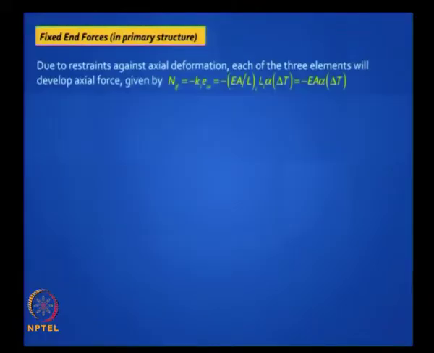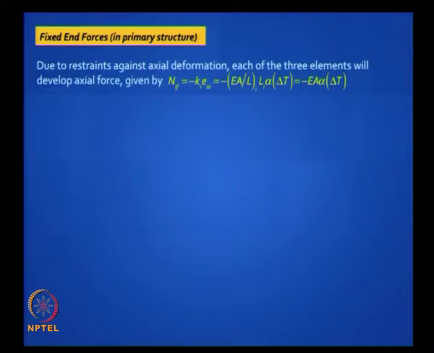So you will be in for a lot of interesting results, so let us look at it slowly. First, as you rightly said, we will find the fixed end forces in the primary structure, and that is simply the axial stiffness Ki into e naught i. We put a minus sign in general because normally you have a rise in temperature and e naught is an extension. But in this case e naught will turn negative, so when you substitute the results you should get a tension.